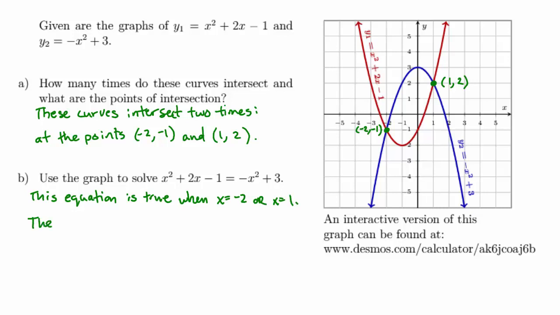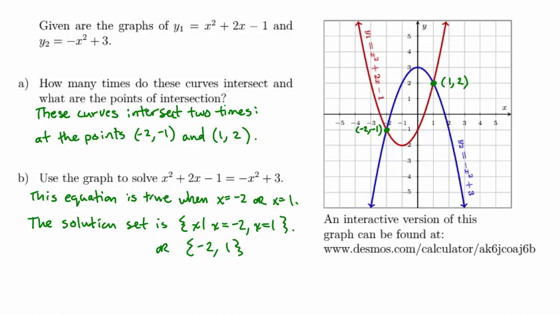So the solution set is the set of x such that x is equal to negative 2 or x is equal to 1. That's full set builder notation. I could also write just a short set notation, which is a curly brace, negative 2, comma 1, showing that all solutions to this equation are negative 2 and 1.